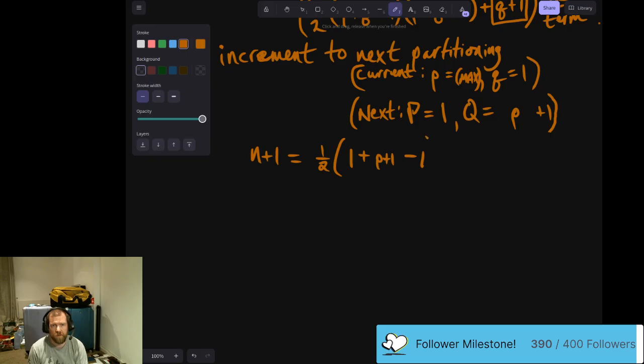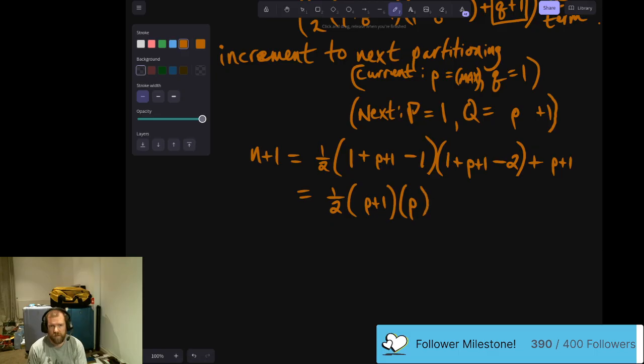Minus 1 times P plus Q is going to be 1 plus P plus 1 minus 2 plus Q is P plus 1, equals 1/2 times P plus 1 times P, just P, plus P plus 1. Okay, so we're in the same dilemma as before, it's just now I can actually see it.